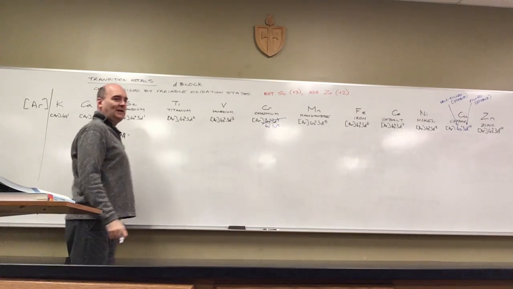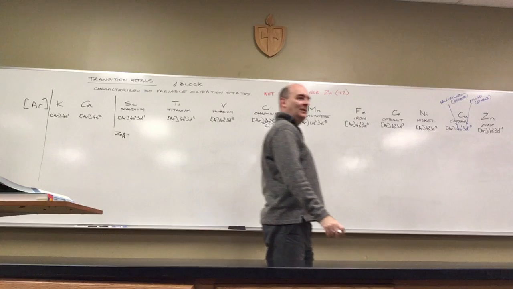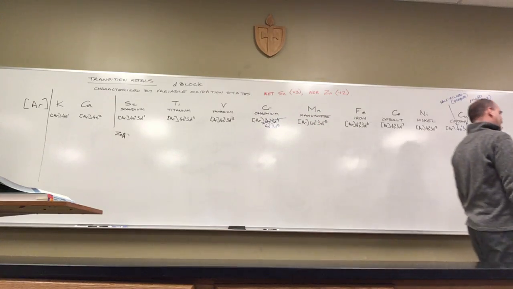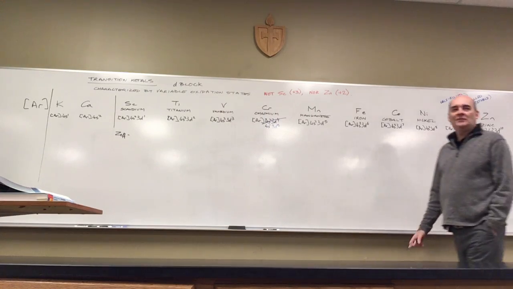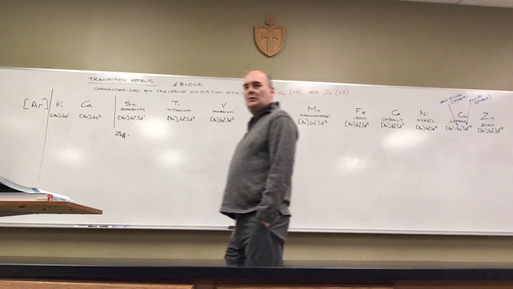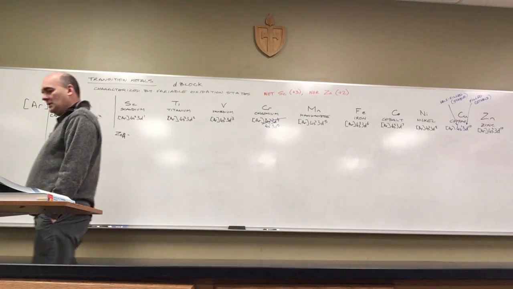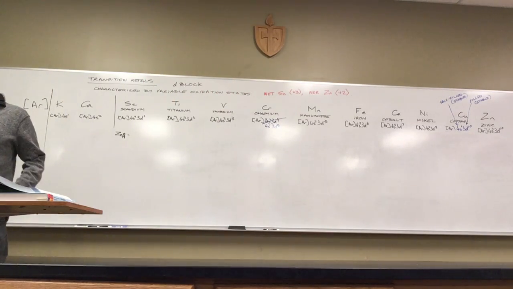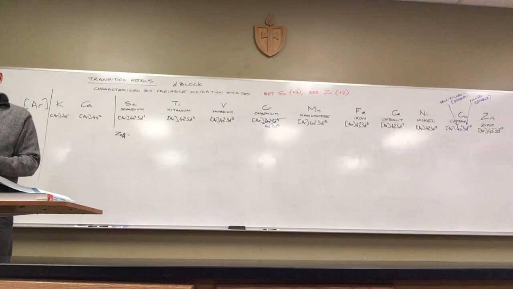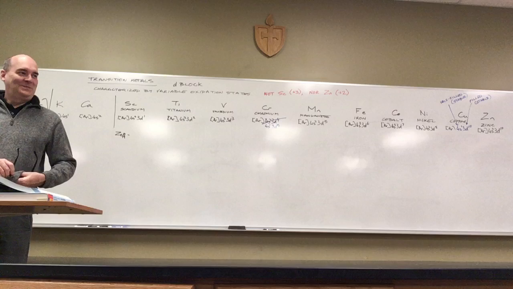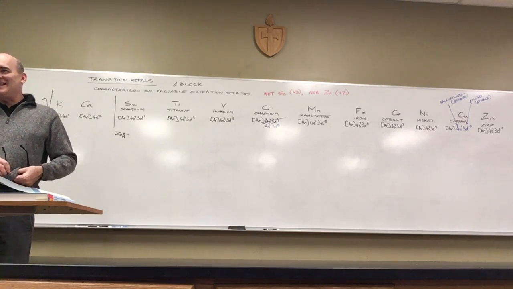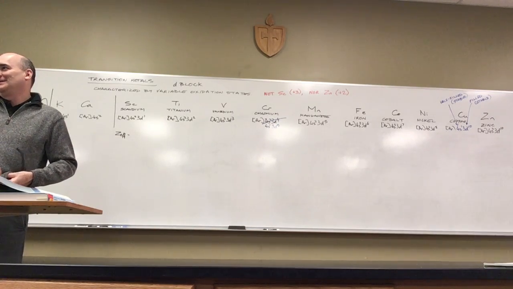What's happened to Z effective as we move across the periodic table here? Does Z effective get bigger or smaller as you move across the periodic table? We learned nothing from test 1.